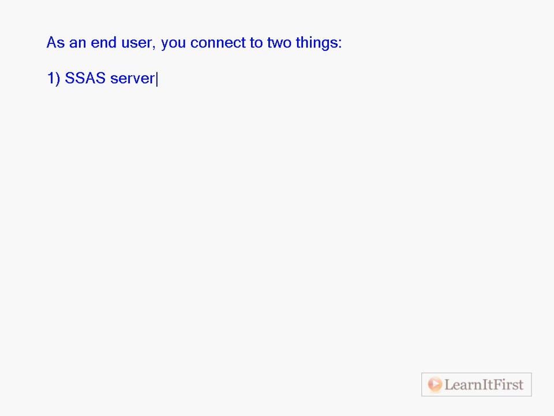You have to know the installation, the IP address or the server name, the instance of Analysis Services you need to connect to. And two, you connect to an SSAS database on that instance.